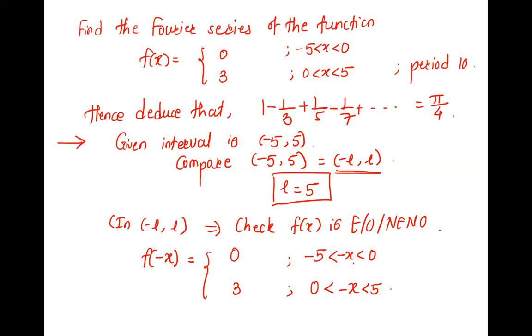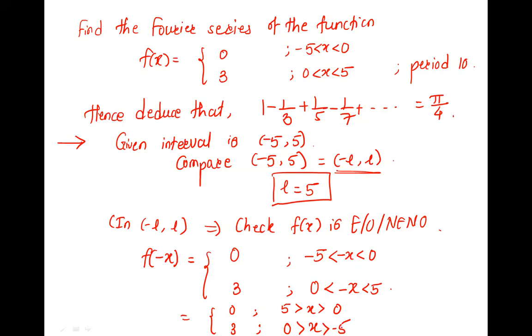If we change all the signs, less becomes greater. So this is 5 greater than x greater than 0. Same in the other: change all the signs, 0 greater than x greater than minus 5. So this is like minus 5 less than x less than 0.